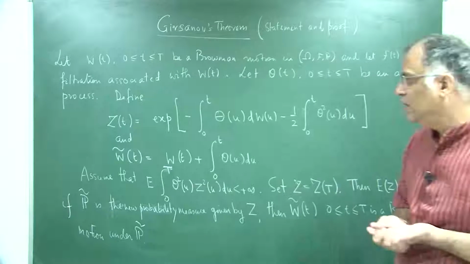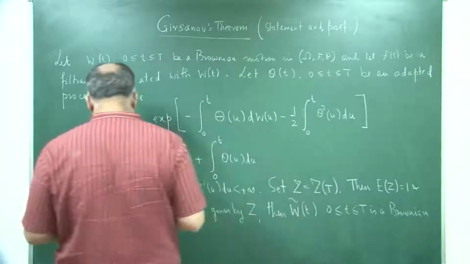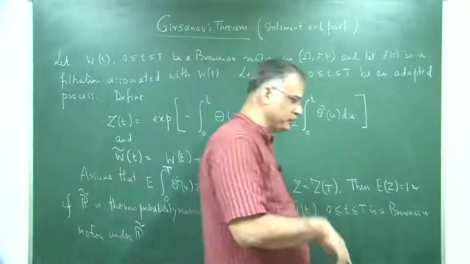The first thing: how do I know that W tilde t is a Brownian motion? There is a very famous result of Levy which says that if W tilde is a stochastic process which starts at 0, that is W tilde 0 is 0, and it is a Martingale and has a quadratic variation equal to t at any t, then such a stochastic process has got to be a Brownian motion.